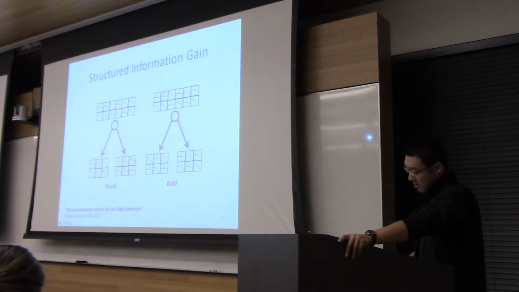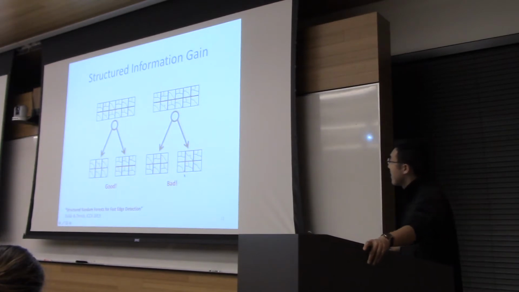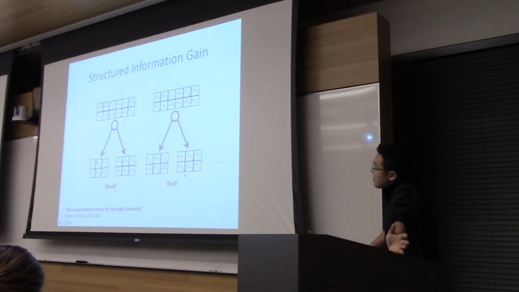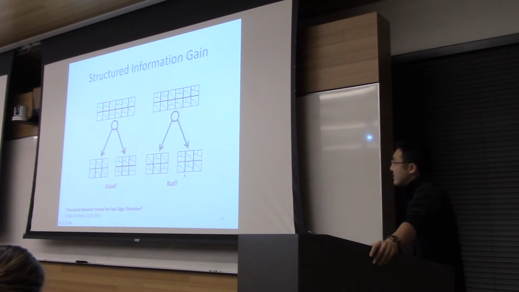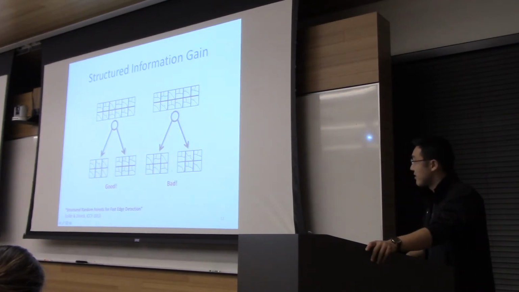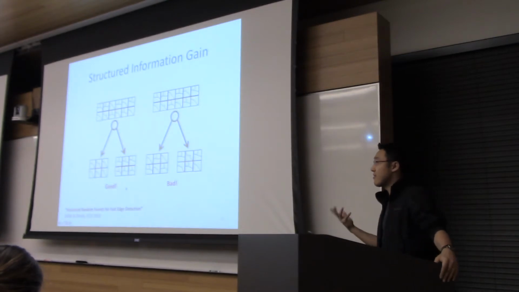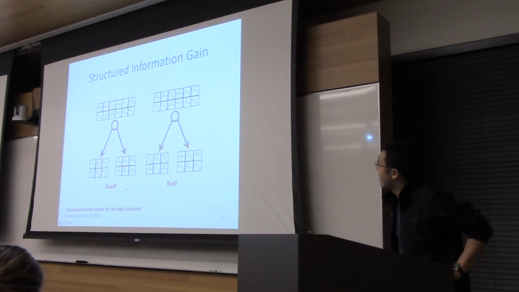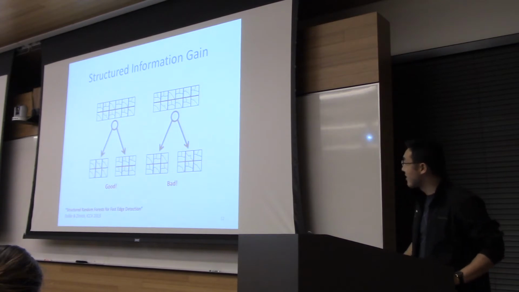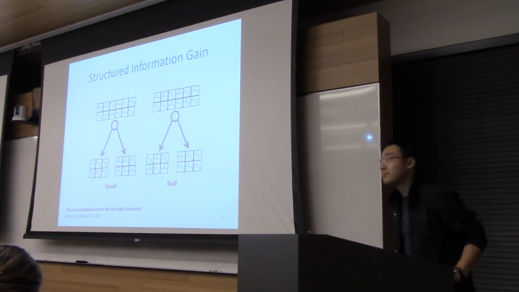Whereas the query over here, on the right, split the training data into these two partitions. And I think we can agree that this partitioning is pretty bad, at least certainly bad relative to the partitioning we get on the left, right? And so the question is, how do we formalize this? How do we rigorously define information gain in a way that captures this intuition?